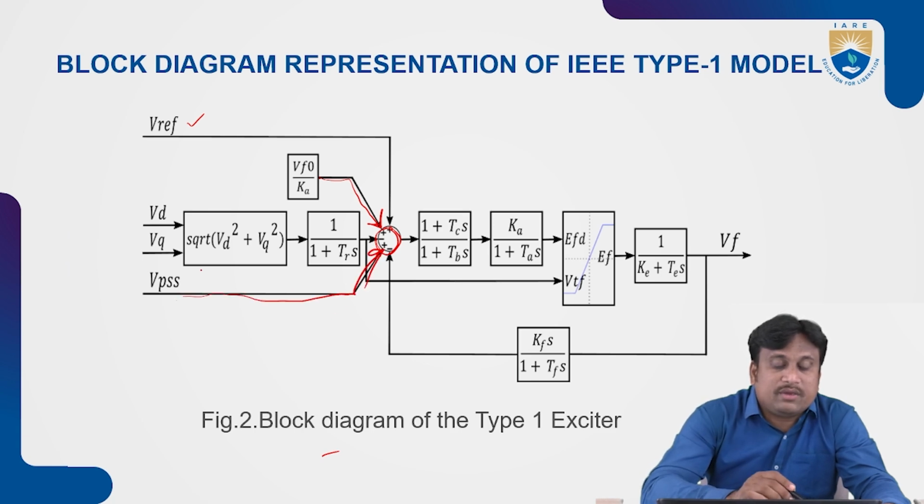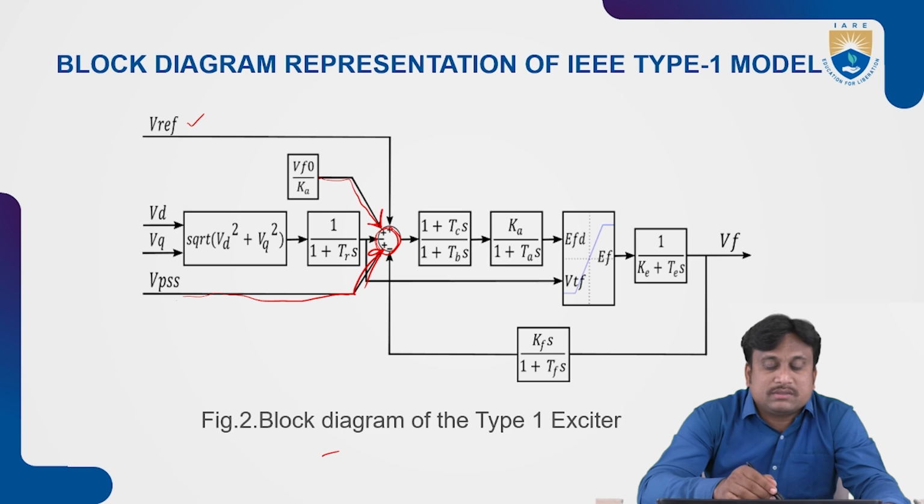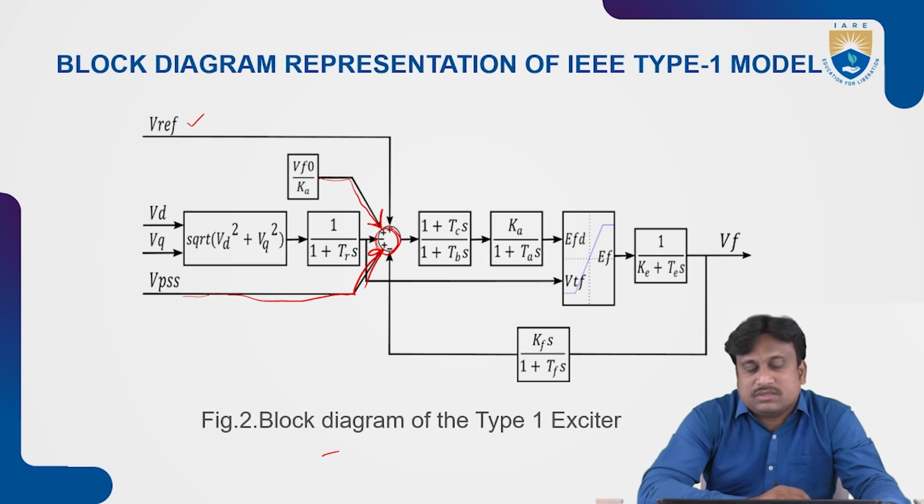VD and VQ are the direct and quadrature axis components, represented in square root form, that means square root of Vd square plus Vq square. This block is connected to the 1 by 1 plus TRS coefficient.